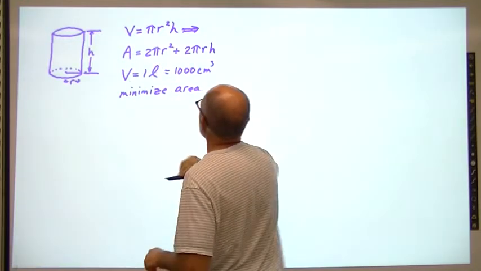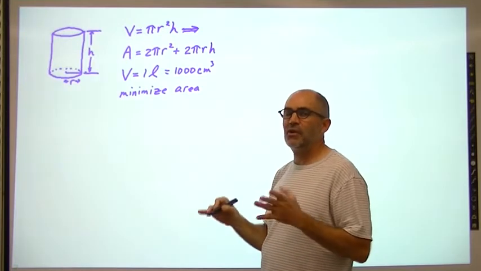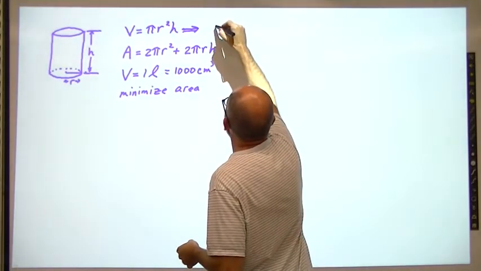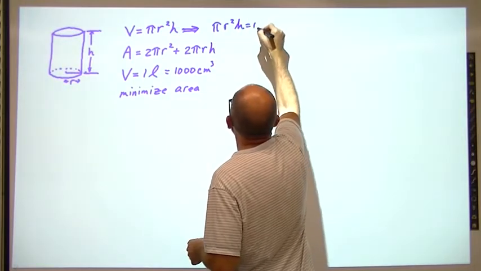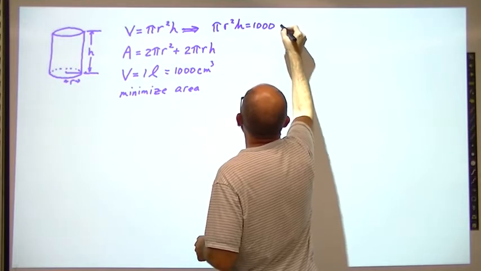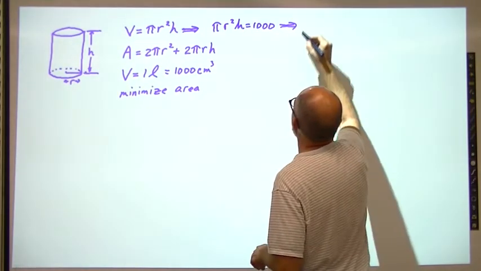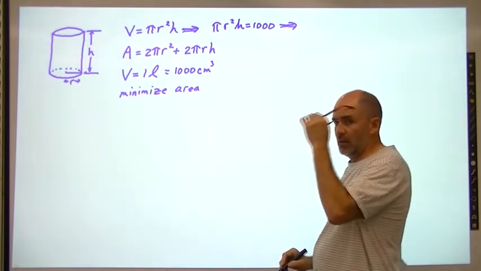Okay, so that's actually the volume we want, because we want to talk about radius and height in terms of centimeters. So that means pi r squared h equals 1,000, and that means h in terms of r, all we have to do is get h alone.